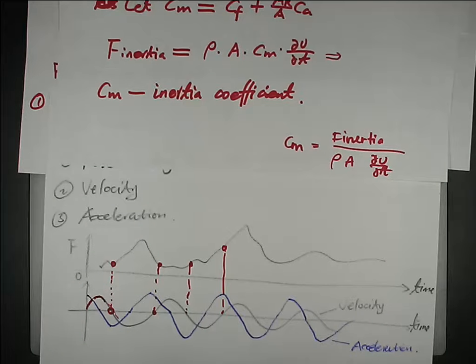Then we can read out the number of the inertial force from the force curve, and then we do the statistics. You calculate the expected value of the inertial force. Once you get the inertial force, you use this equation and you can get the inertial coefficient.